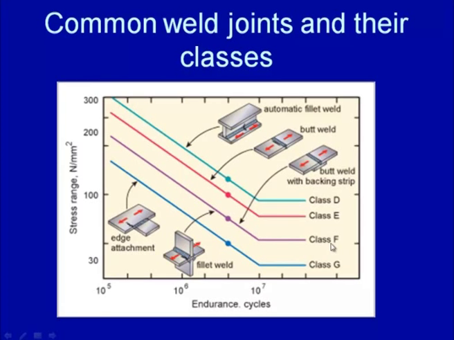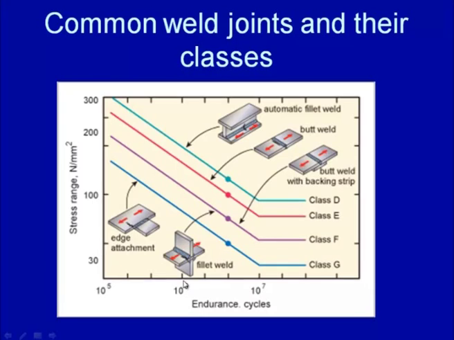It falls in the category of F, and the cruciform and the edge joints, or the cruciform weld joints, fall in G category. And if we see these relationships, these are the most severely stressed joints, subjected to higher stress concentration, and that is why they lead to lower allowable stress ranges compared to the lower class weld joints like the D class and the E class.